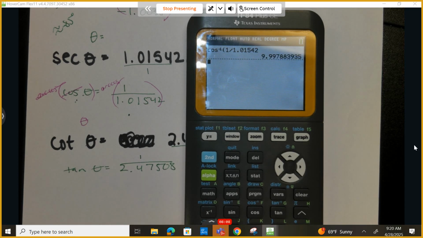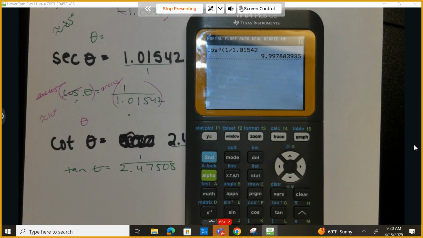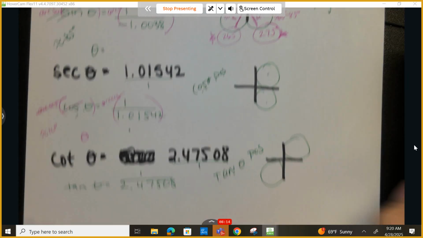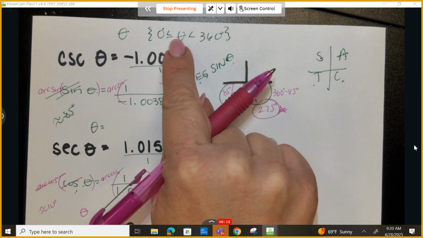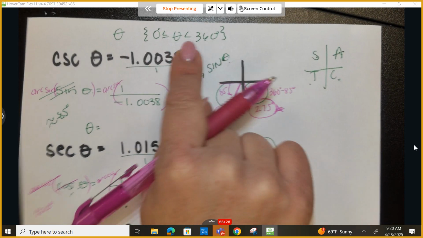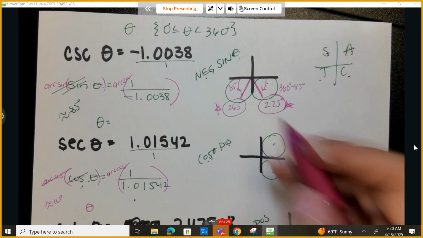Okay, so it looks like it's approximately 10 degrees. I'm going to write that approximately 10 degrees. Now, what's different about the first example to the second example is notice that negative 85 did not land in this range. But 10 degrees does land in this range, so 10 degrees will be one of my answers.